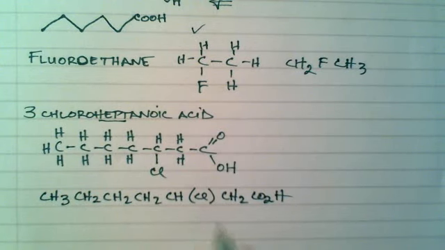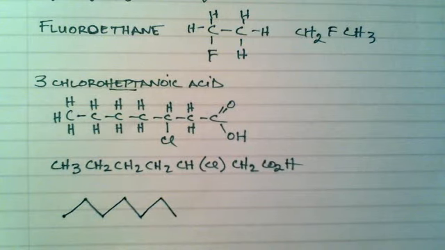So we're just mixing it up to show you the different ways. And in terms of a line angle, 7 carbons. 1, 2, 3, 4, 5, 6, and 7. Again, this carbon that's here at the end is actually part of the functional group.